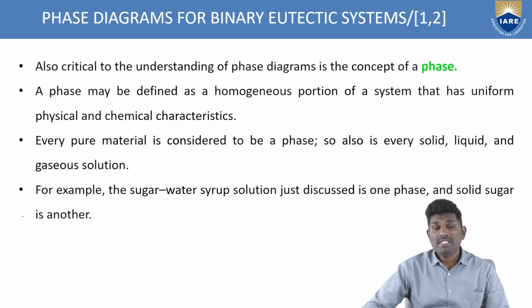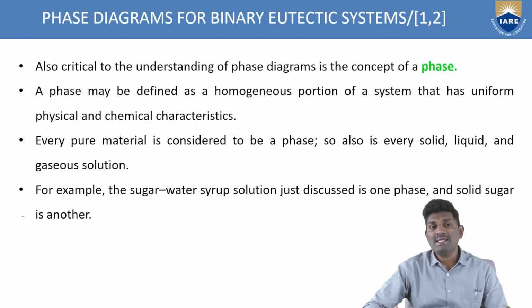And also, a phase may be defined as a homogeneous portion of a system that has uniform physical and chemical characteristics. So each phase has its own physical as well as chemical characteristics. Once it transforms from one phase to another phase, these physical as well as chemical characteristics may differ.